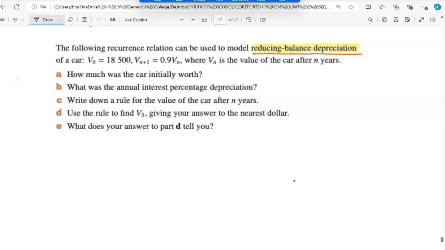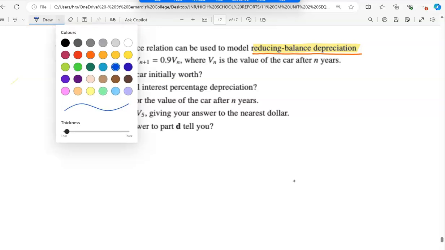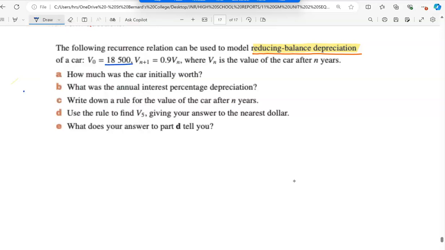Okay, so they've given me a recurrence relation, so I can see that it was originally 18,000, and here's the rule to find the depreciation. They're just testing you here on if you can read a recurrence relation. So how much was the car initially worth?